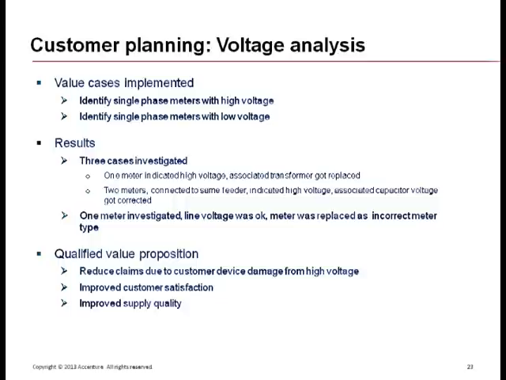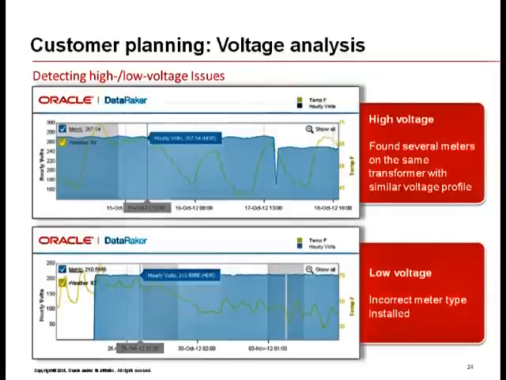Some of the value we have seen from voltage analysis are improved customer satisfaction due to proactive identification and resolution of voltage related issues, and improved supply quality due to better voltage management. So these are examples of high voltage and low voltage cases. In the upper diagram, we found several meters connected to the same transformer indicating high voltage.